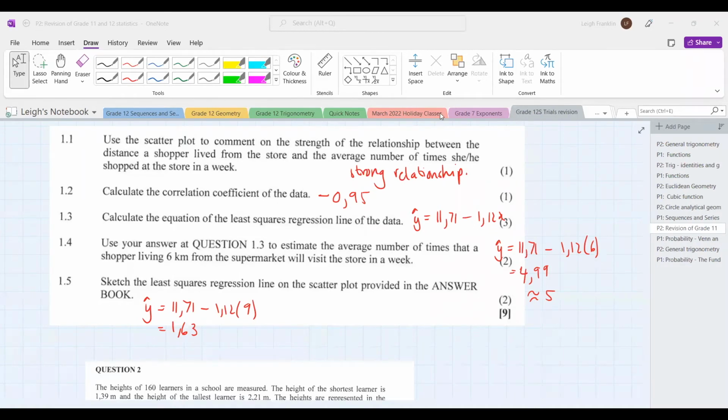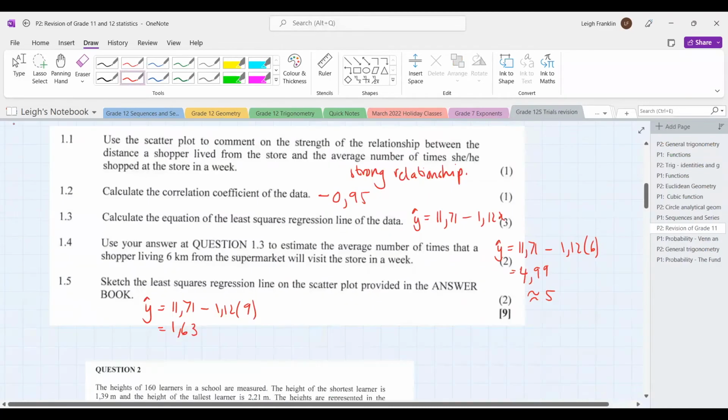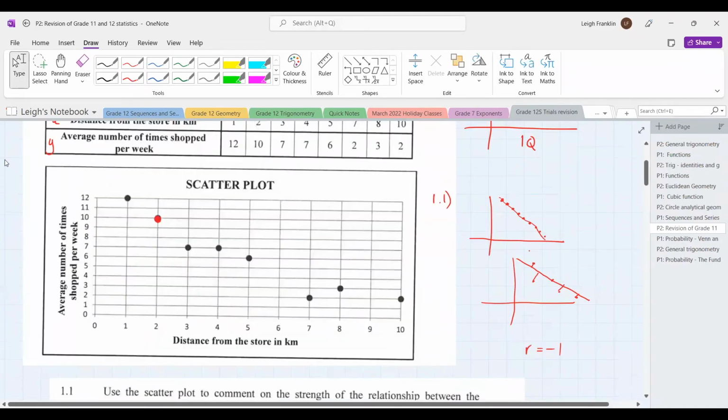Don't worry, Kaiser. Okay, so now let's go back and have a look at our scatter plot. Okay, so this is where 2 and 10 are. And now we need to plot 9 and 1,63, right? So 1,63, so 9 is over here. 1,63, I guess, would be somewhere over there.